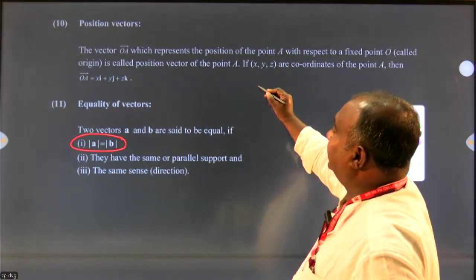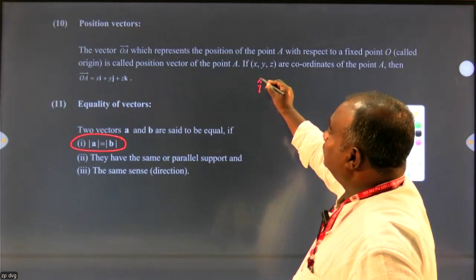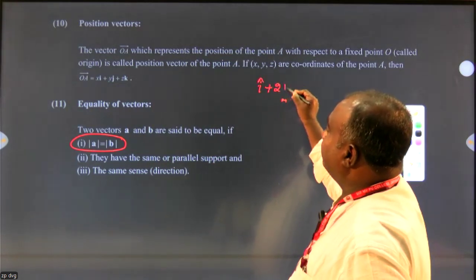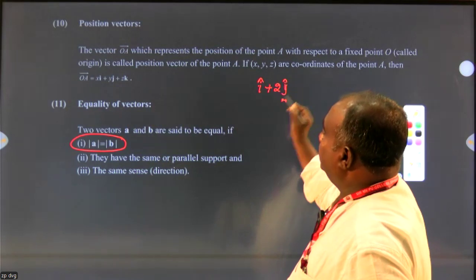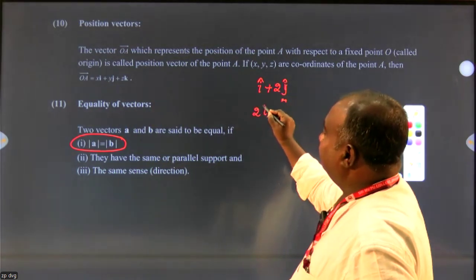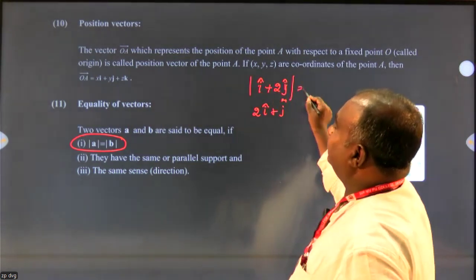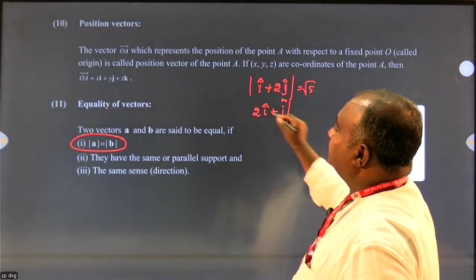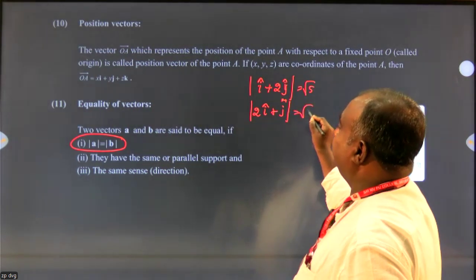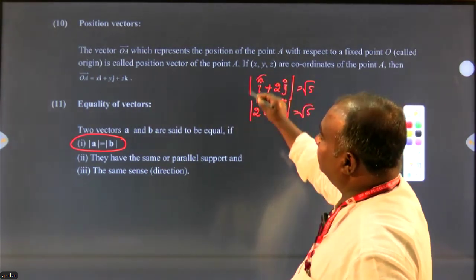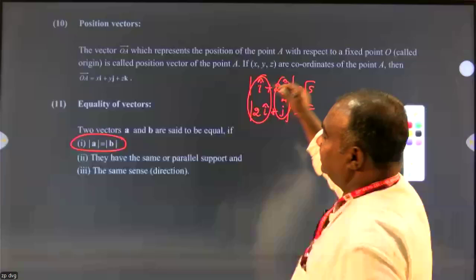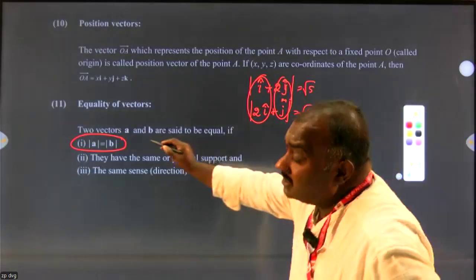For example, if you take i plus 2j and 2i plus j, and compute the magnitude of these vectors, you get root 5 for this one and root 5 for this one, but these are not equal vectors. Why? Because observe here, the coefficients are changed. That's why this alone is not enough.